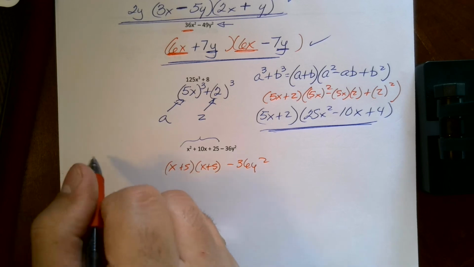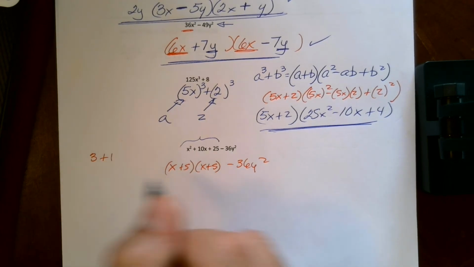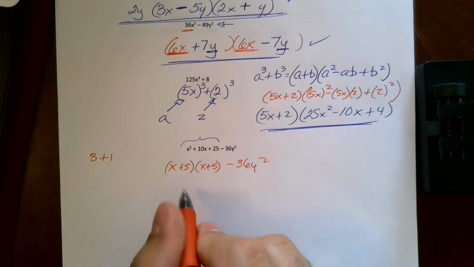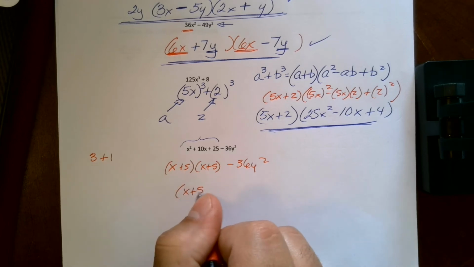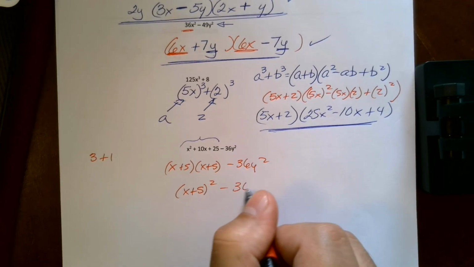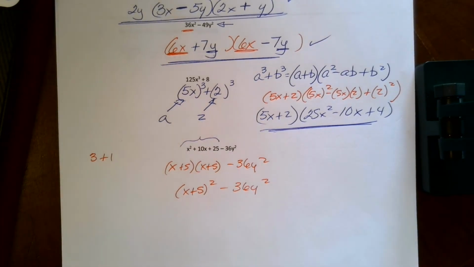This is a grouping problem. I like to call it a 3 plus 1 because we're breaking up as 3 plus a negative 36y squared. So now this is really x plus 5 squared minus 36y squared.